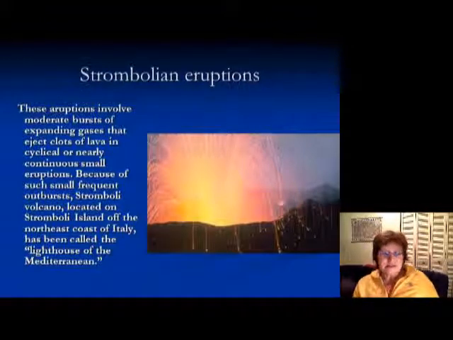It's in Italy, off the west coast. It's a little bit south, northeast coast of Italy. To me, it's a bit more south, but you could look it up, Stromboli.